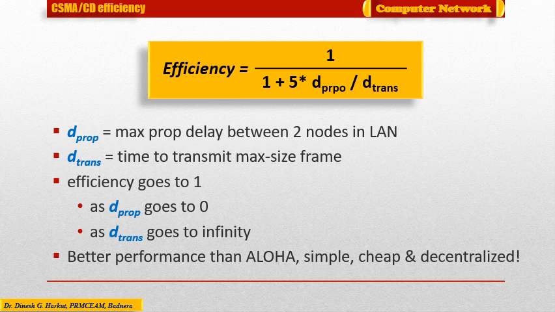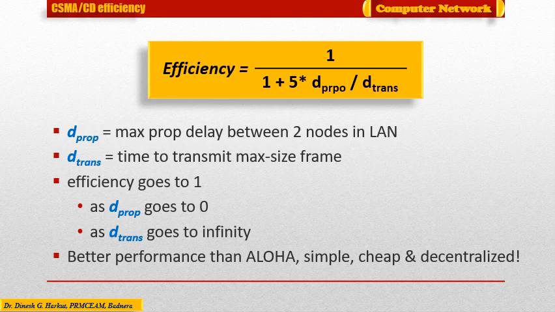We define the efficiency of CSMA with CD to be the long run fraction of time during which frames are being transmitted on the channel without any collision, when there is a large number of active nodes, each node having a large amount of data to send.